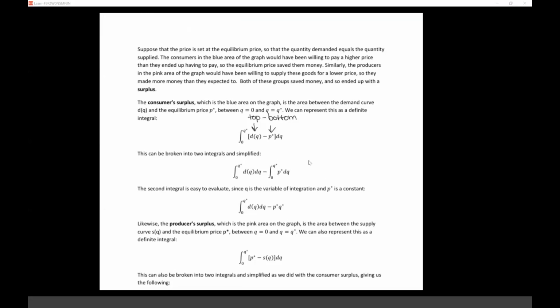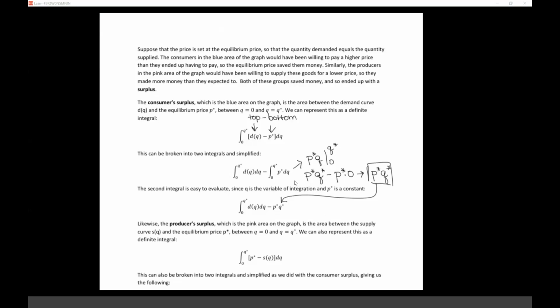In other words, you do the integration first and you get P star Q, and then you evaluate that from 0 to Q star. What does that give you? That gives you P star Q star minus P star times 0, and that's just P star Q star. So that's how they got from this integral down to this product of two constants. I'm just showing you where it came from.